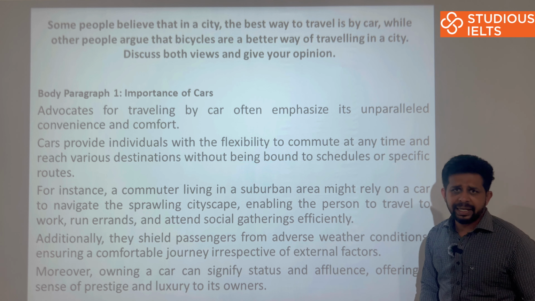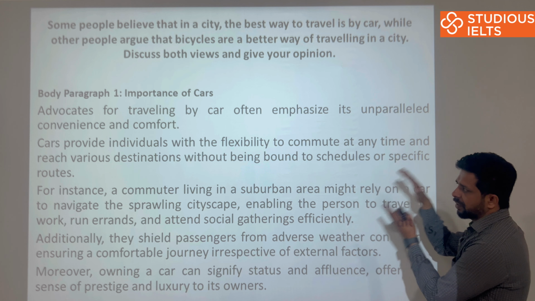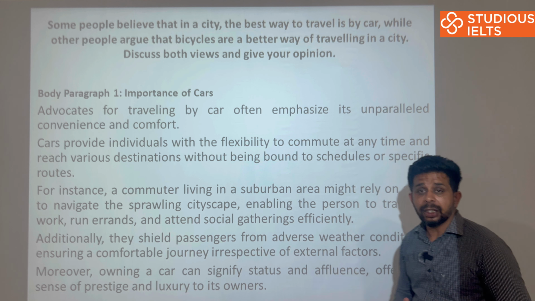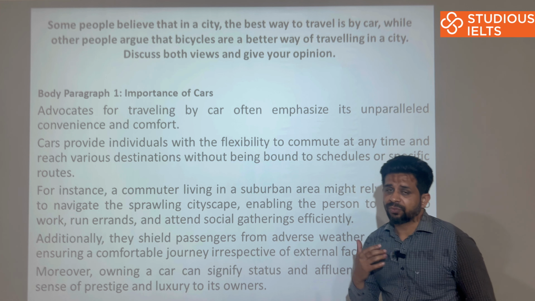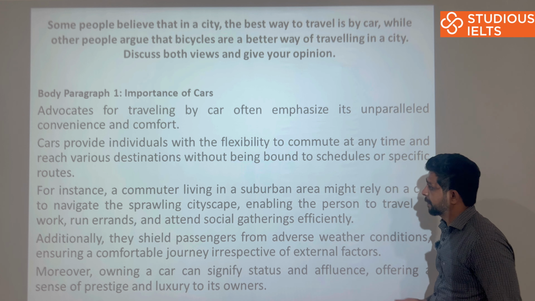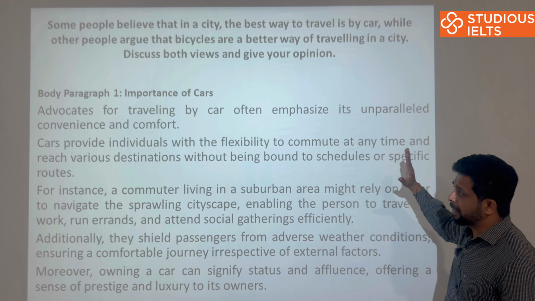Not a very useful idea, but still it can be added with the preference of cars to be the best method of commuting from here to there. Okay, so that was our body paragraph 1.